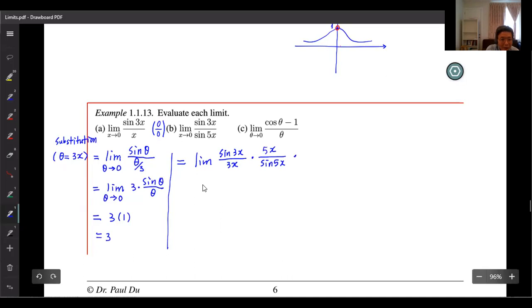You can see this matches the basic pattern. Yes, 3x is a theta. This one also matches the basic pattern, with 5x as the new variable.